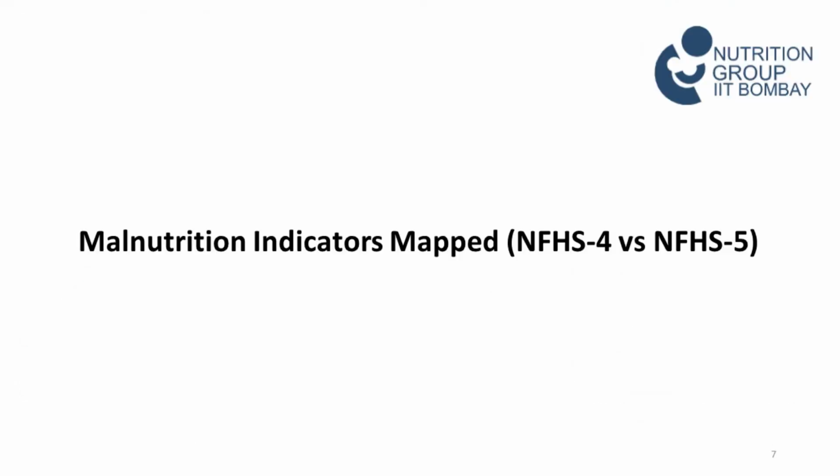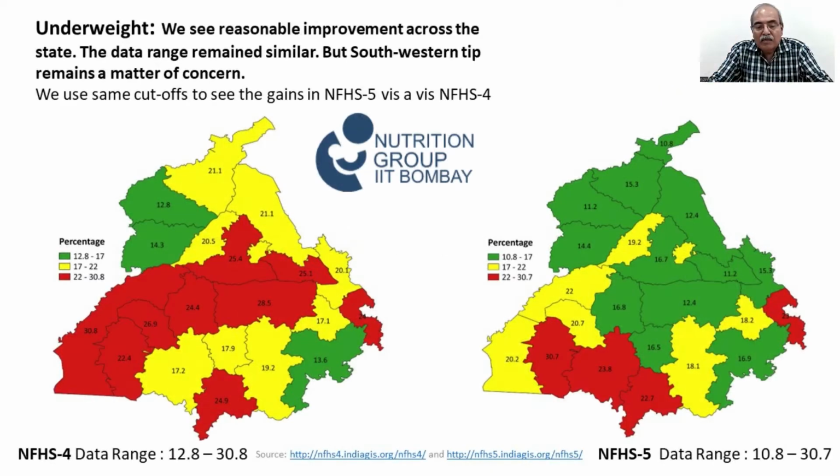We then move to malnutrition indicators and come to underweight. If you look at underweight, we see reasonable improvement across the state. The data range remains similar, but the southern strip of 3 districts, here we have kept the range same, both for NFHS 4 and NFHS 5, because we always mention that there is a comparison of Punjab with itself between NFHS 4 and NFHS 5.